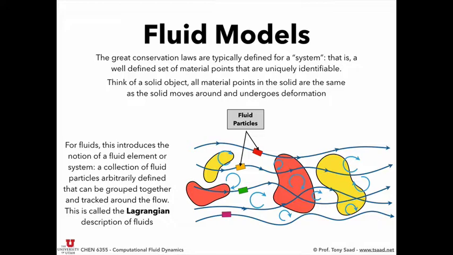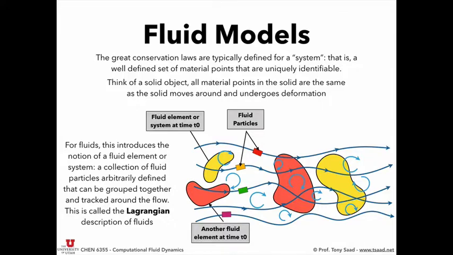That defines what we call a material element, a fluid element, or a material system, or a fluid system. So it's a collection of fluid particles that move around in the flow. Now, as these fluid elements move in the flow, they're going to deform, either expand or compress, depending on the properties of the flow, but they're going to be the same.